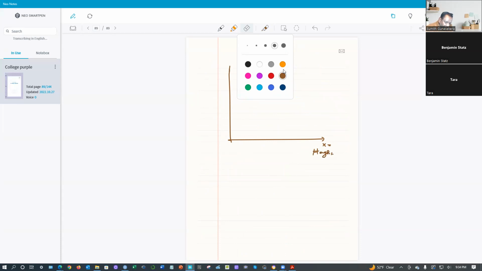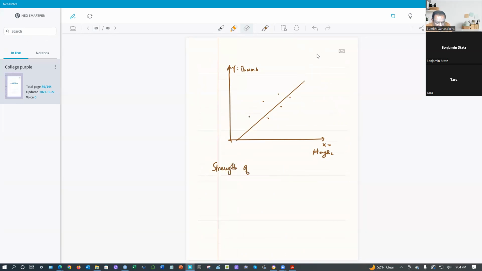This is Y. See how they are related. Strength of their relationship, Y and height. Strength of relationship between.